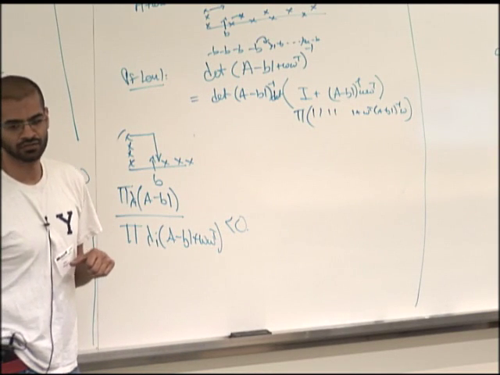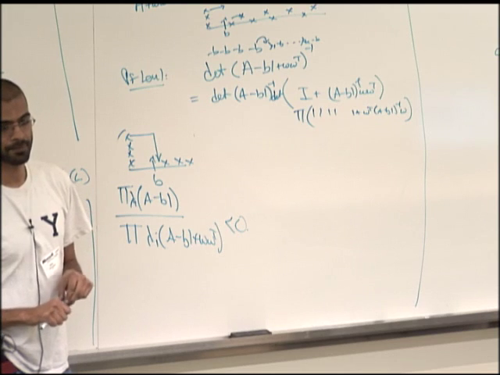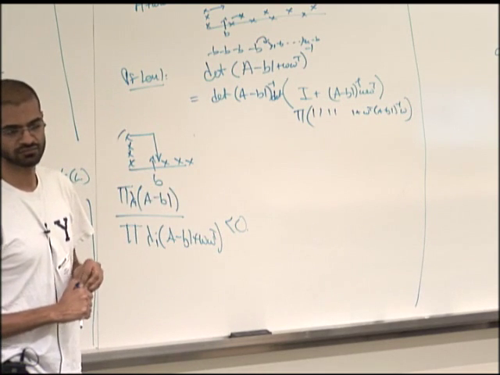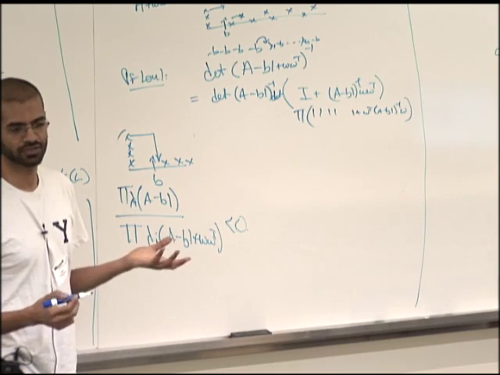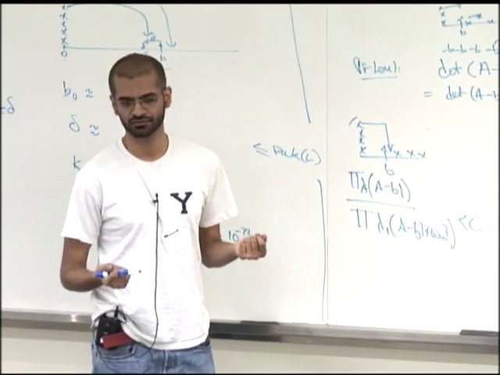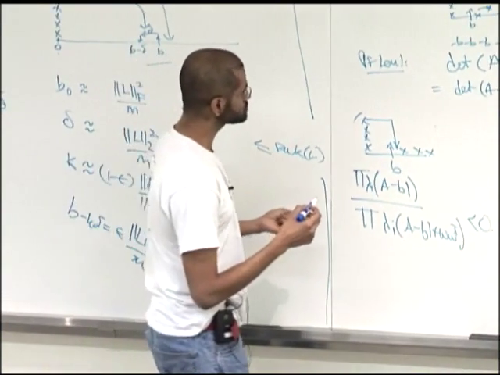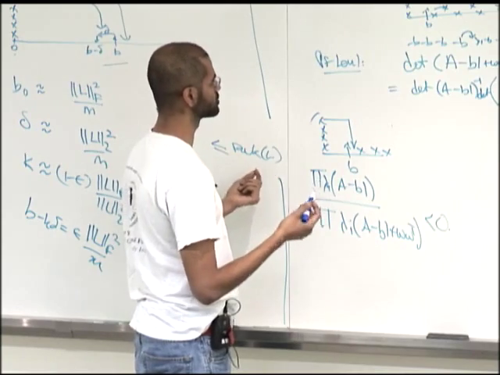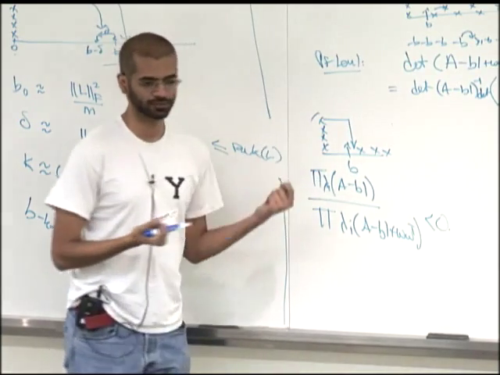What is the current size of A? It's k. A is an n by n matrix that's a sum of k outer products. So what this is saying is, look at A minus bI. It has some number of negative eigenvalues.